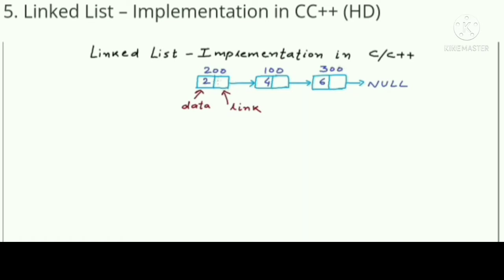This is only a logical view of the linked list. So the address part of the first node will be 100, the address of the second node, and we will have 300 here. The address part of the last node will be null, which is only a synonym or macro for address 0. 0 is an invalid address.